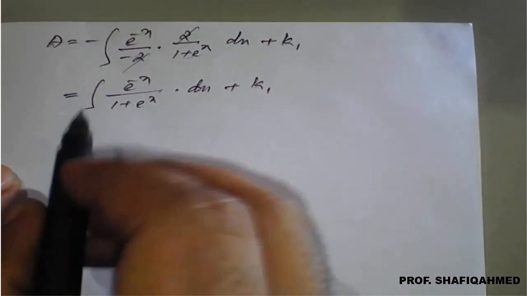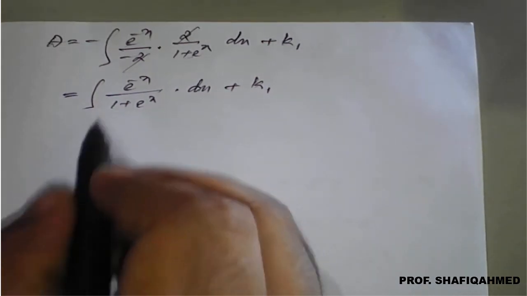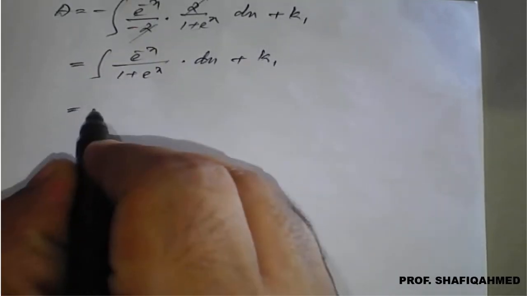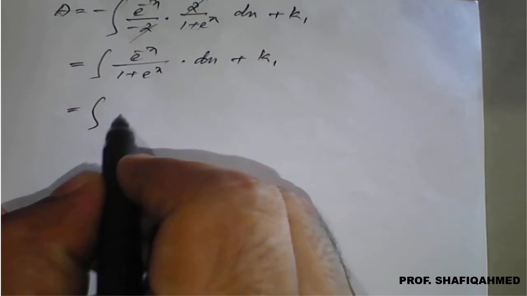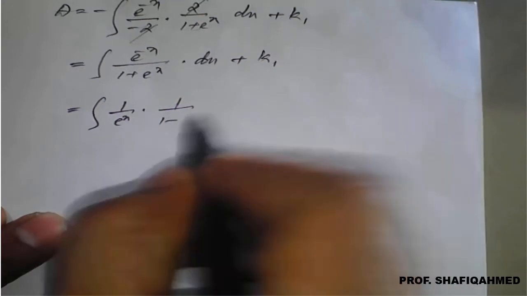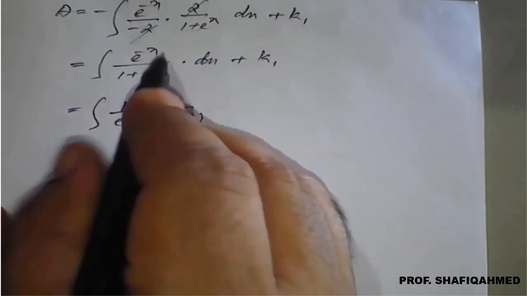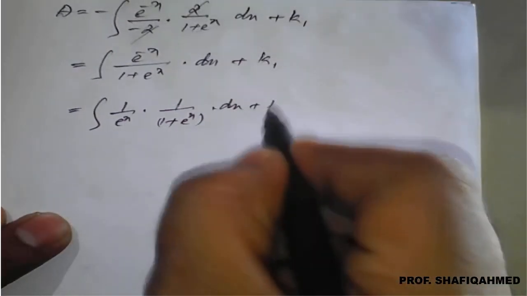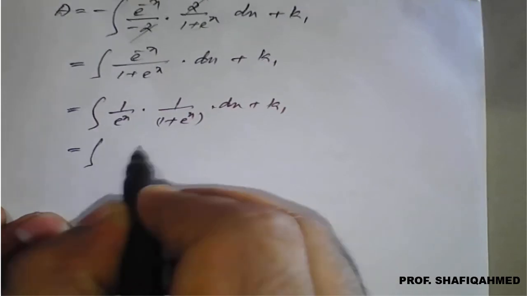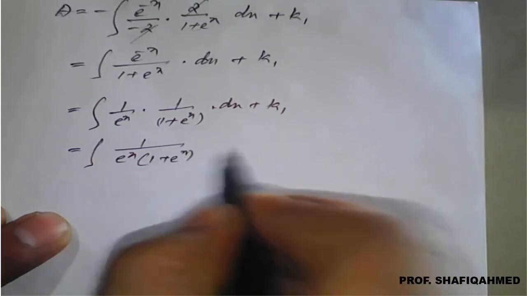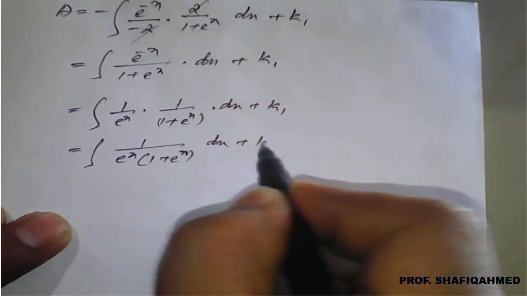Now we'll simplify. This e raised to minus x can be written as 1 upon e raised to x, into 1 upon 1 plus e raised to x, into dx plus k1, which is nothing but integration of 1 upon e raised to x into 1 plus e raised to x dx plus k1.